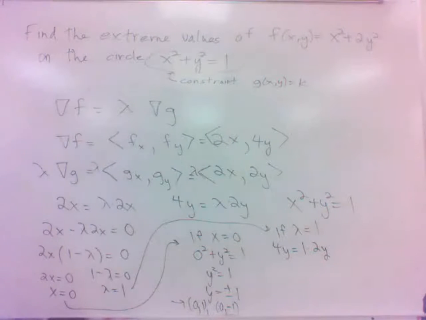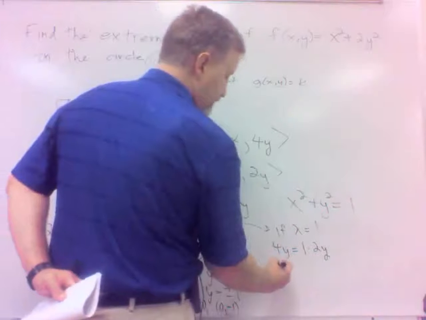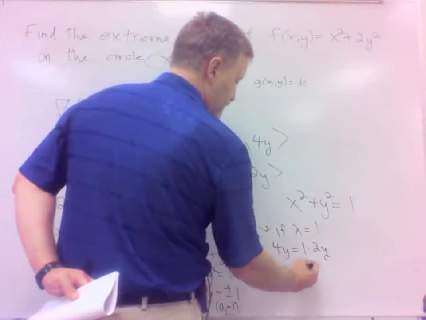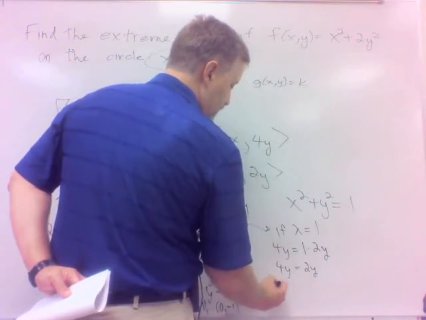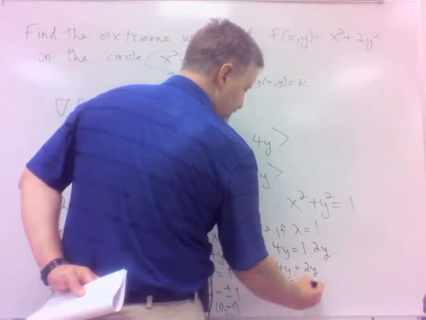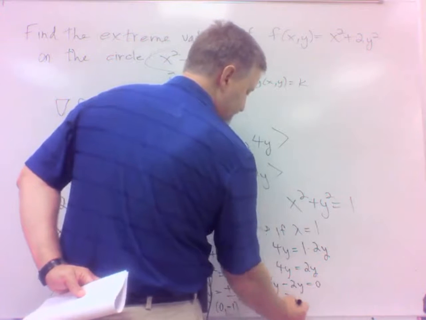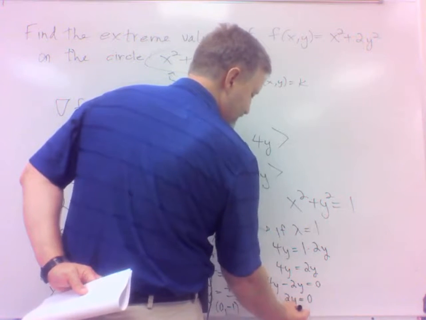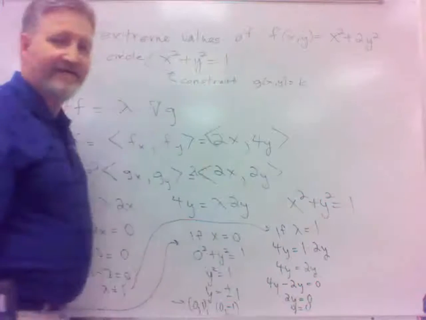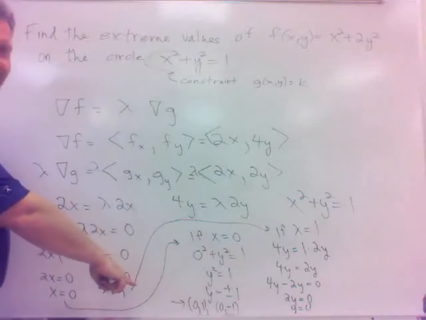Which is going to give us another different solution there, isn't it? Because that would be 4y equals 2y, which is 4y minus 2y equals 0, which is y equals 0. That's different than anything I've got so far.